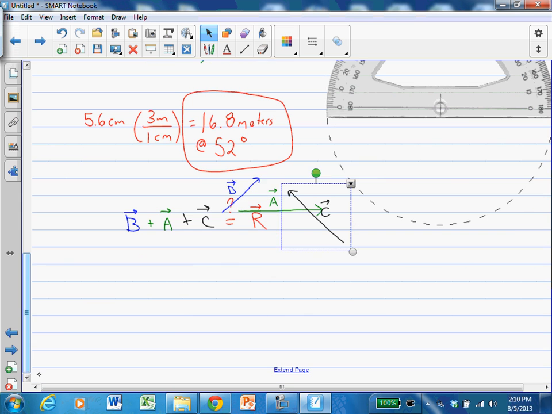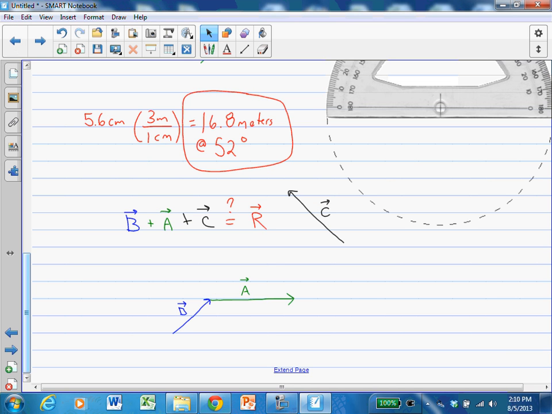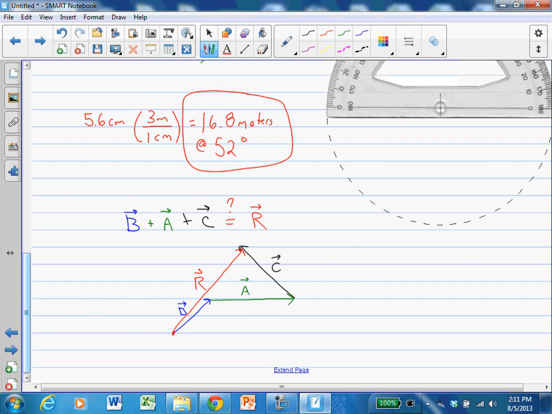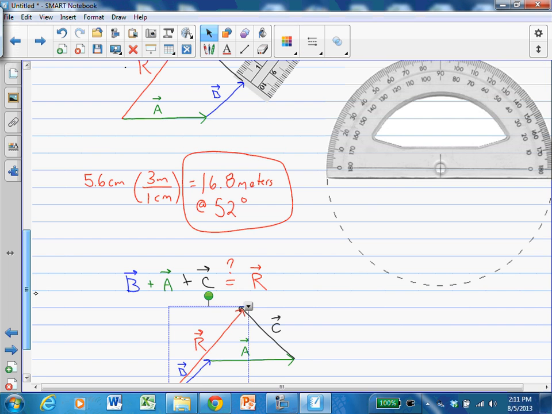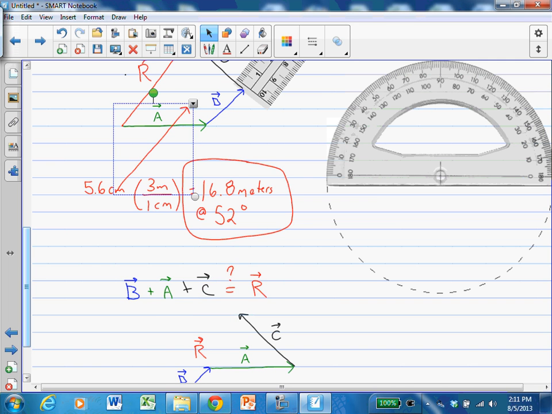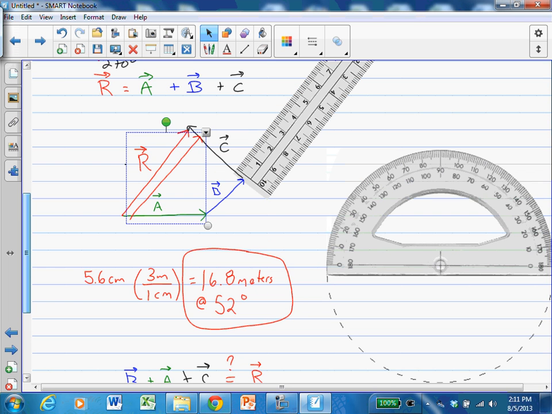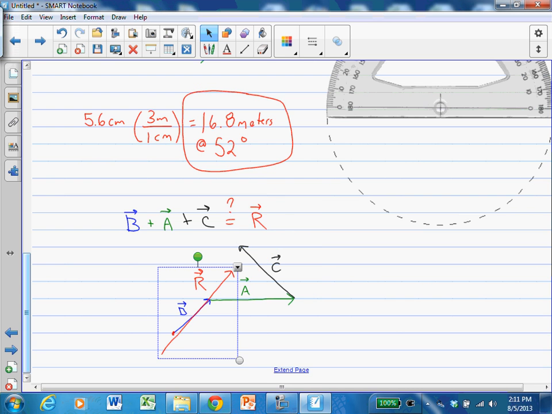Okay, good. Hopefully you had B plus A plus C. And remember, you start at the origin and go to the head of the last one, like that. And you could see that this resultant is very similar to, well, it's the same, but I did it graphically, so it's hard to see exactly what they match up. So order of summing doesn't matter.